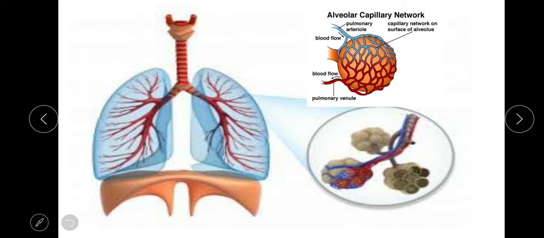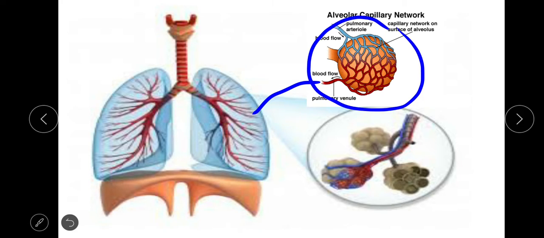Now, in our respiratory system, one of the most important parts is the alveoli, singular alveolus. Alveolus is located at the end portion of every branch of bronchioles.